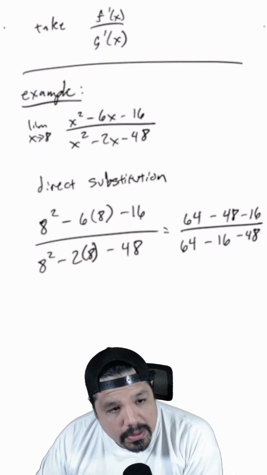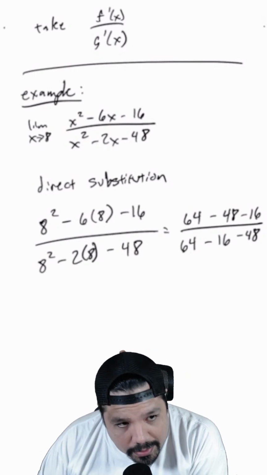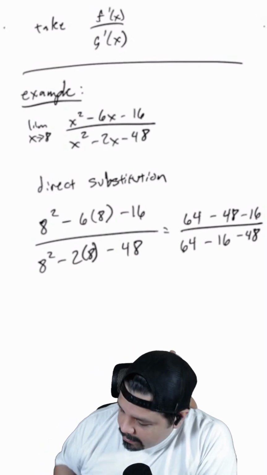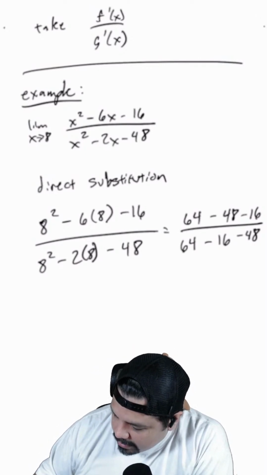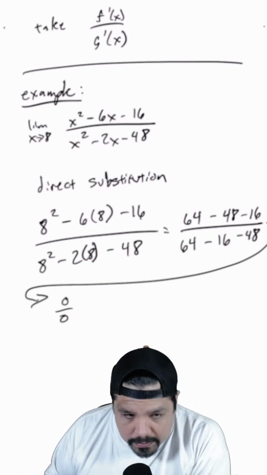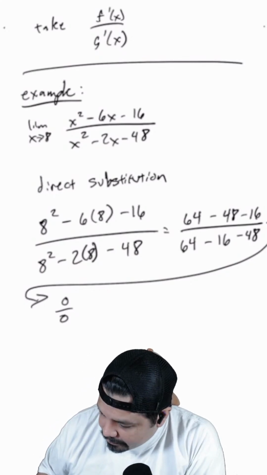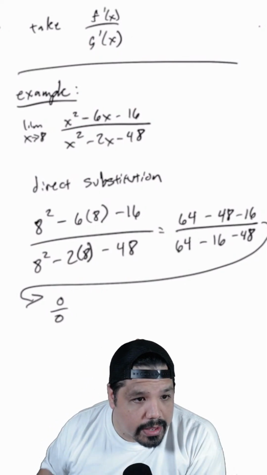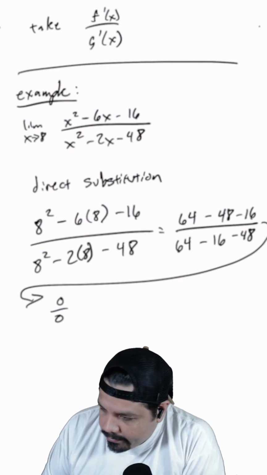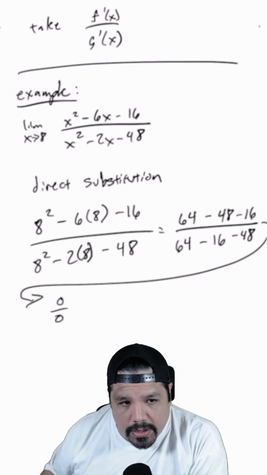Because 48 plus 16 is, you guessed it, folks, 64. Which gives us 0 over 0. I don't like that. Do you? So let's go ahead and let's try something else.